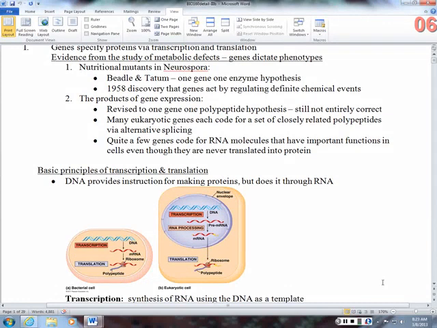That is different because you can have a protein be made from multiple polypeptides coming together to make the protein. So they said, all right, we can have multiple genes be involved in something because of having different polypeptides. A lot of eukaryotic genes are actually going to code for a set of closely related polypeptides via alternate splicing, which we're going to talk about in more detail later on.